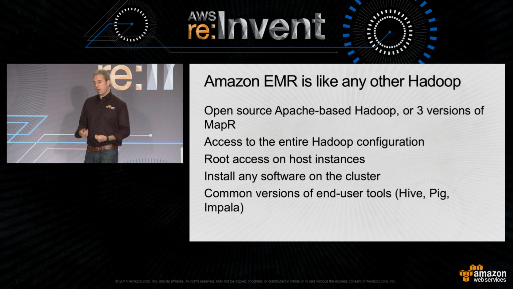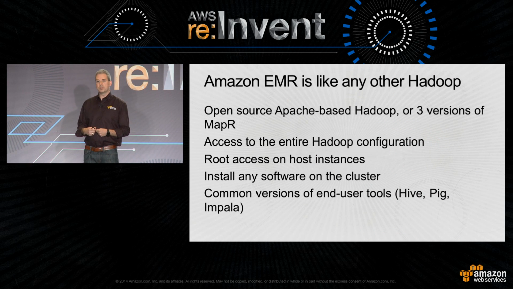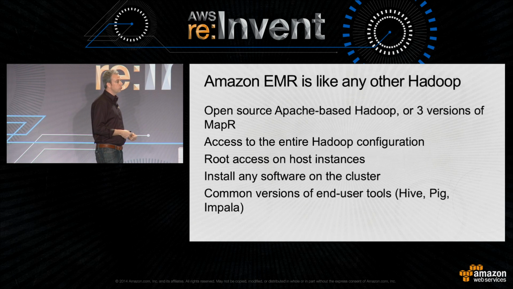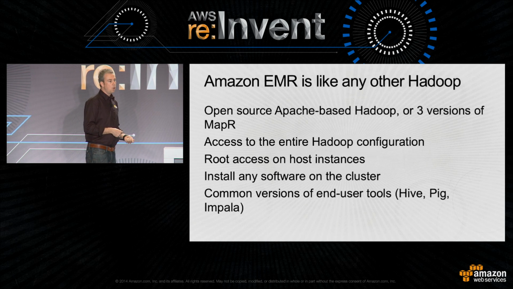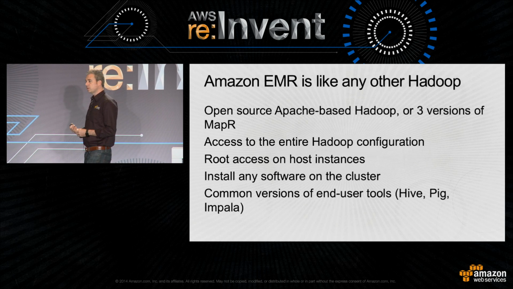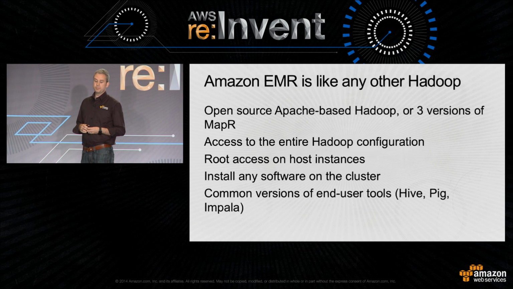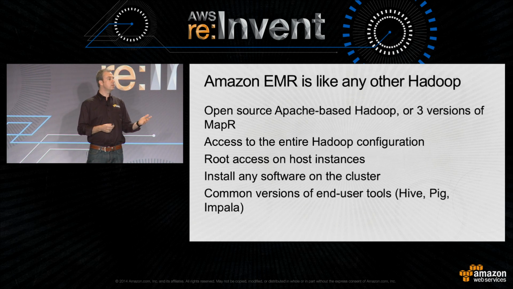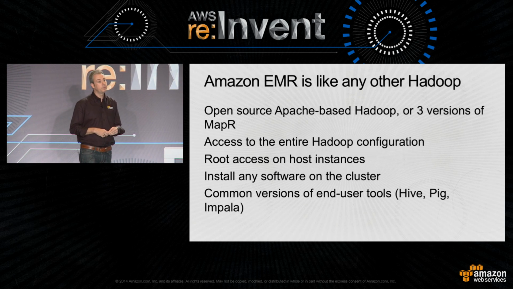So in a lot of ways, Elastic MapReduce is like every other Hadoop that you will use on premises or built on top of EC2. You can run a variety of distributions. The default is an open source-based Apache Hadoop. And you can also run 3 different versions of MapR's Hadoop.